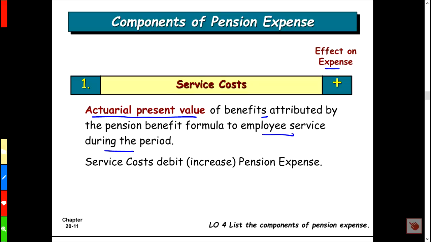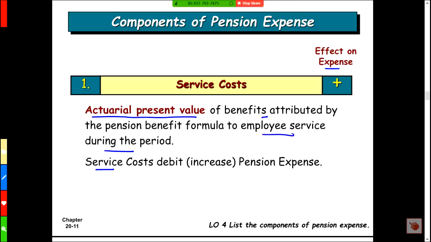Once they get that benefit, the actuary will project the cash flow of that 2.5% in the future based upon the future salaries, how much longer they expect them to work for the company, when they expect them to retire, when they expect them to die. Kind of sad, I know, but that's what actuaries do. And then they get the number that's just due to the service this year.